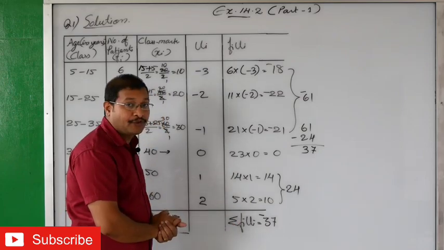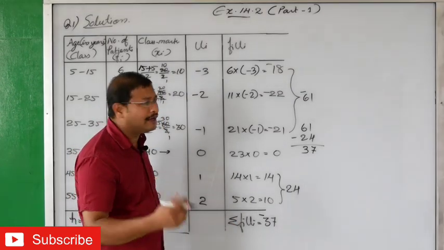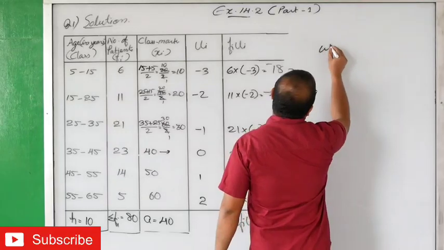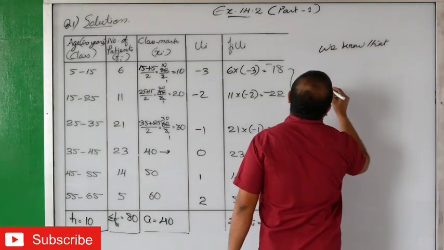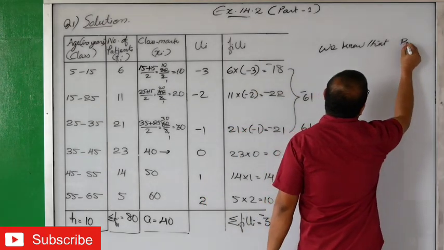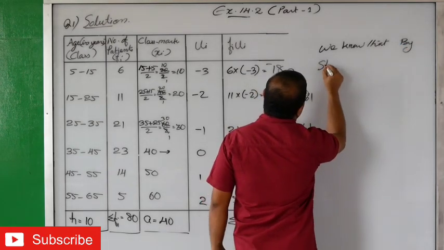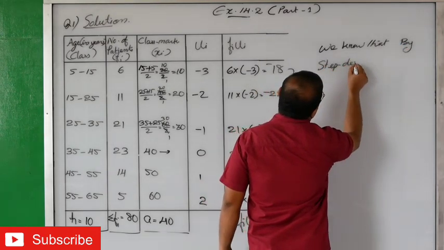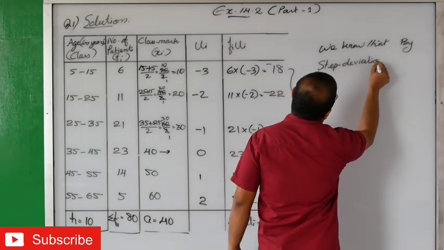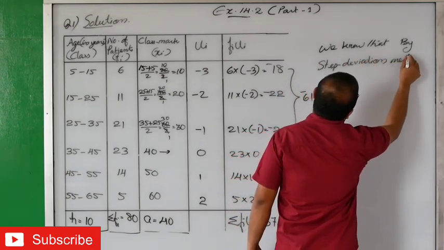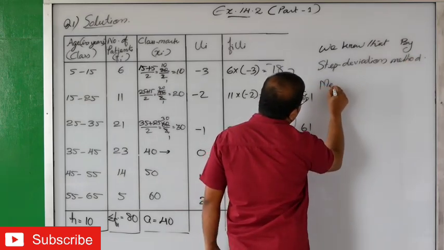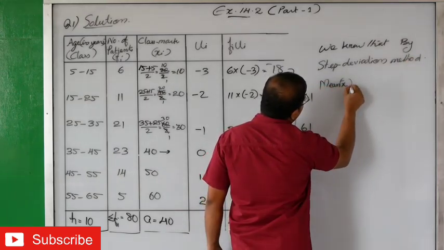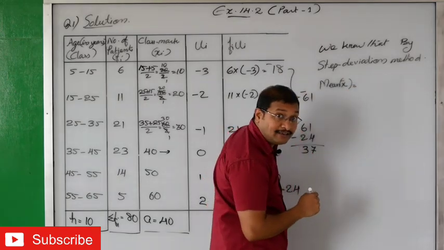Sigma fi ui. Now what will you write? We know that by the step deviation method, mean x bar equals, what is the equation?